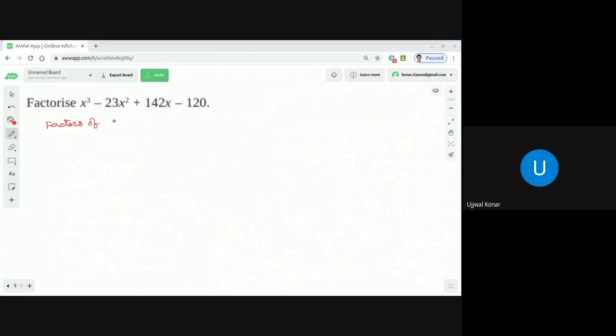Factors of -120. If you look into the factors of -120, what are we going to get? Plus minus 1, plus minus 2, plus minus 3, plus minus 4, plus minus 5, plus minus 6, plus minus 8, plus minus 10.